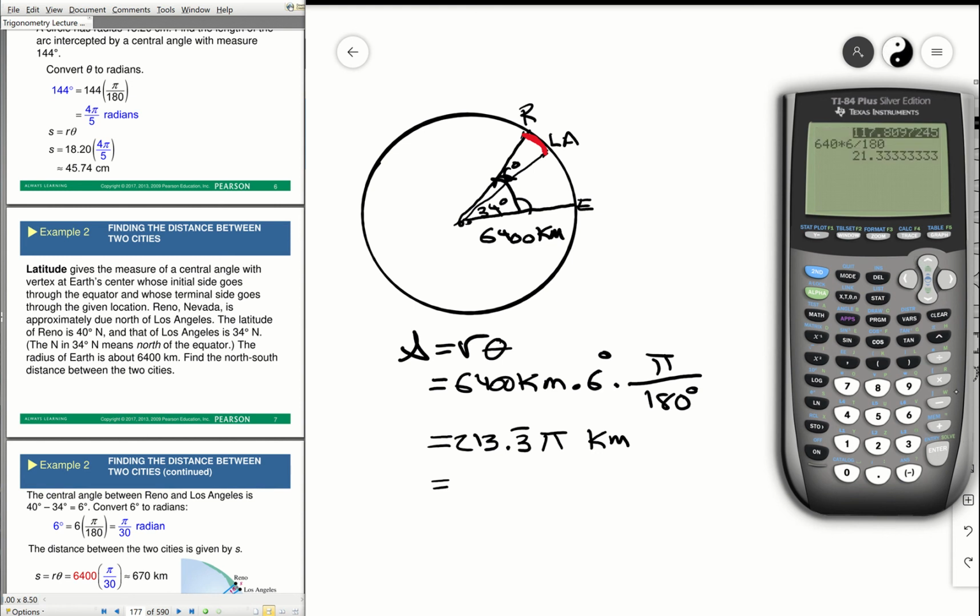Let's go correct that. Okay, so let me redo that. So we have 6,400 times 6 divided by 180, and of course we get the same answer.